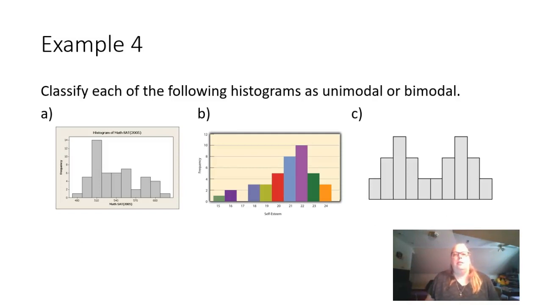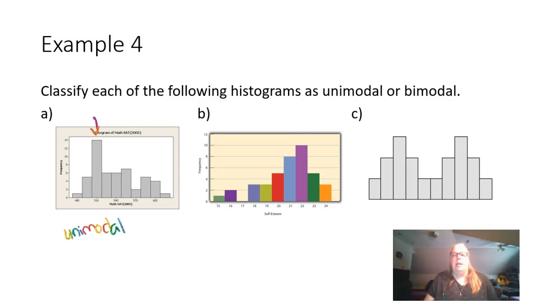Example 4, classify each of the following histograms as unimodal or bimodal. Okay, for part A, the mode is located right here, and there is nothing else that comes anywhere close to having that many in the frequency. So this one is going to be unimodal.